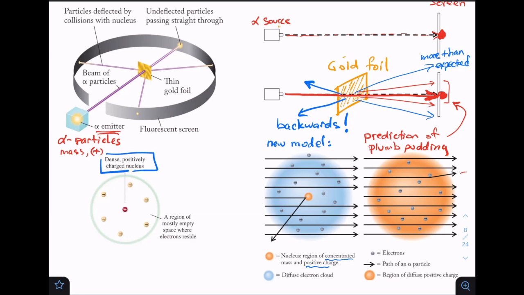Okay. So of course, now we know about protons and neutrons. They're going to be in this dense, positively charged nucleus. And then we have the electrons here that are going to occupy the rest of the volume, meaning that most all of the volume of the atom is empty space.